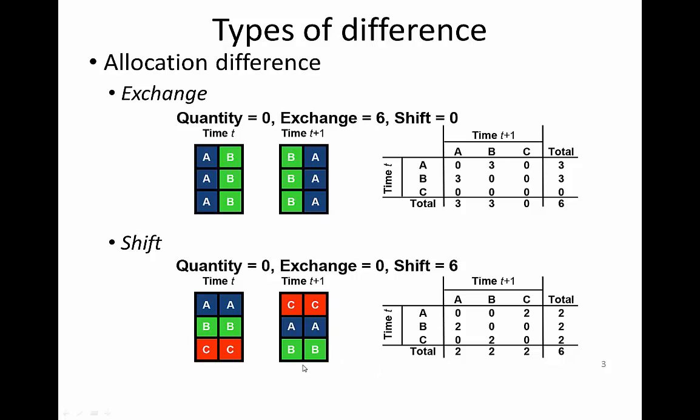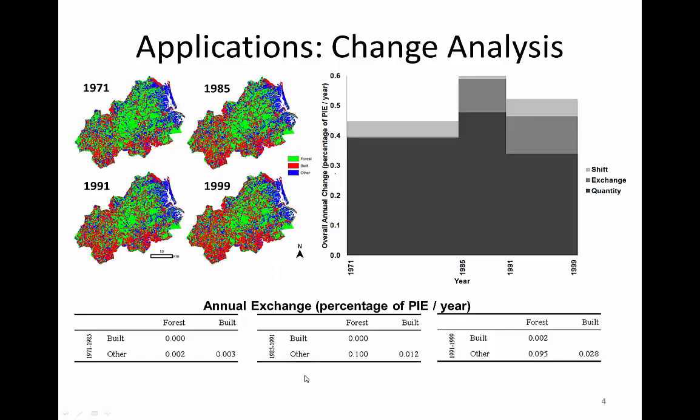That means there are no elements classified as B at time t plus 1 that are classified as A at t. One of the implications of this definition is that for shift to occur, it is necessary that one of the maps has at least three categories.